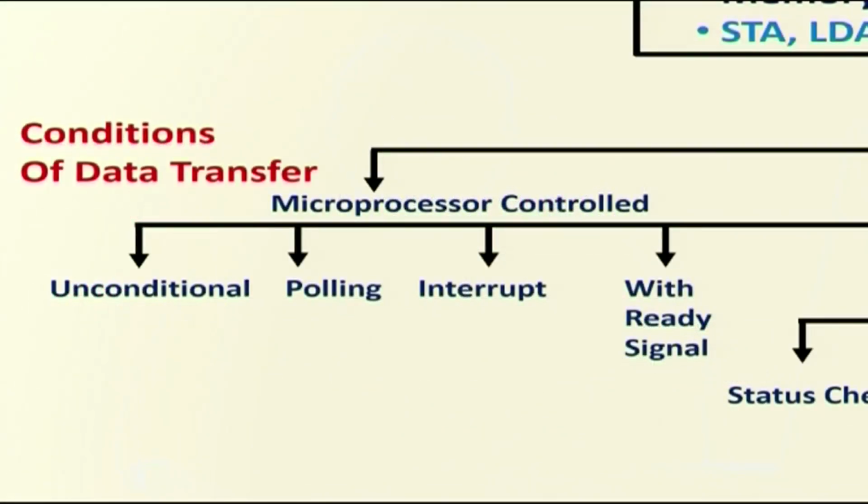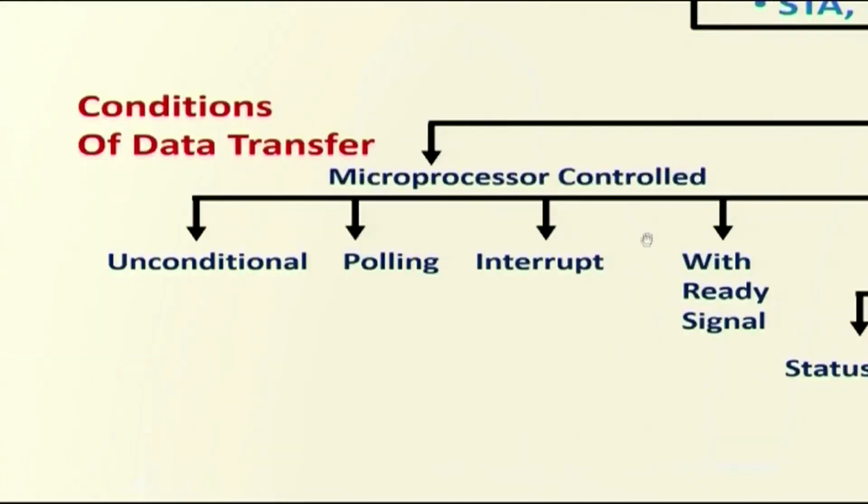Peripheral devices communicate with the microprocessor either with slow data transfer or higher speed of data transmission. So, during that time, how the microprocessor controls the transmission of data between the microprocessor and peripheral, the 5 different conditions will be explained.